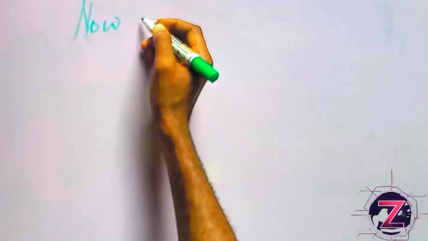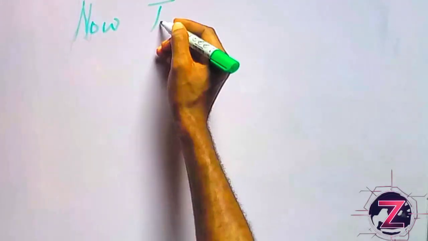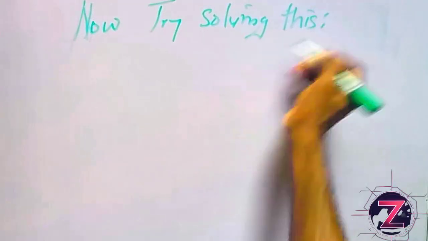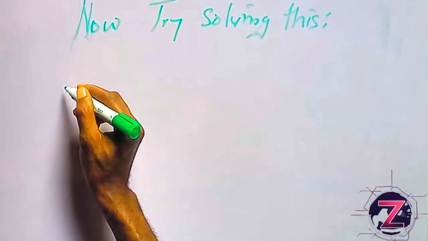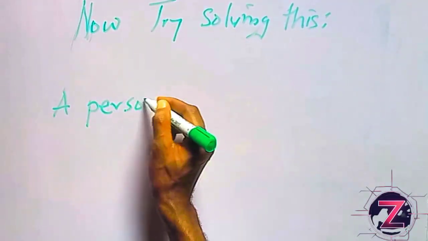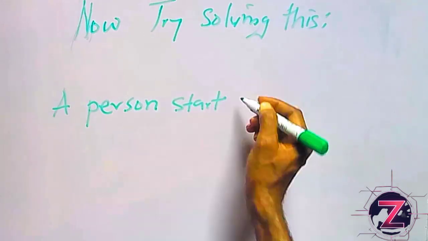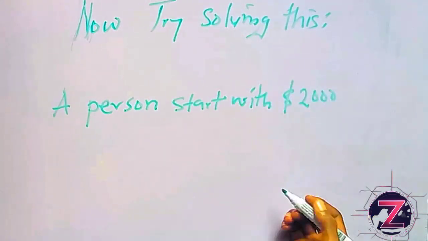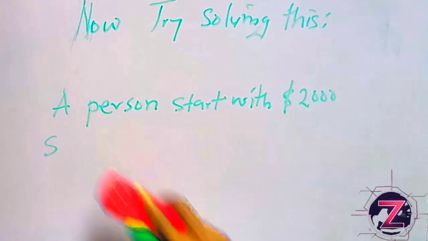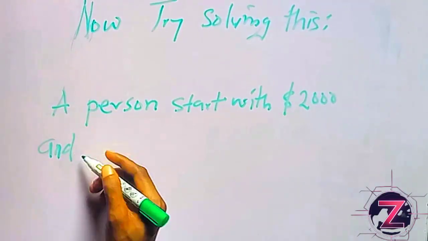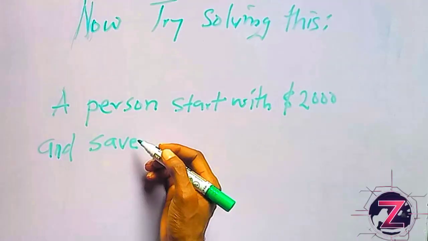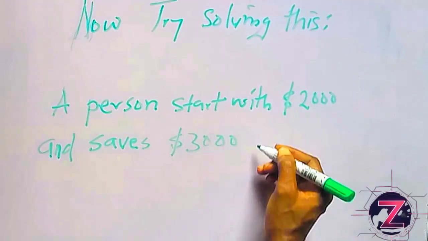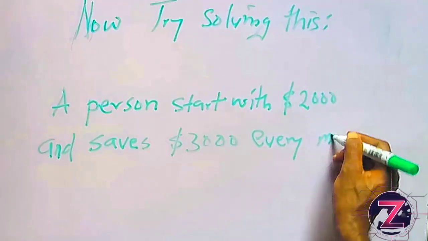Now, try this at home. See if you can solve this. A person starts with $200 and saves $300, maybe $3,000 rather, every month.